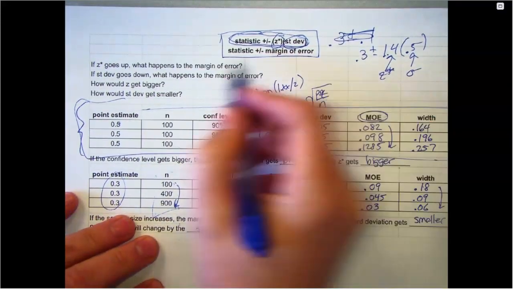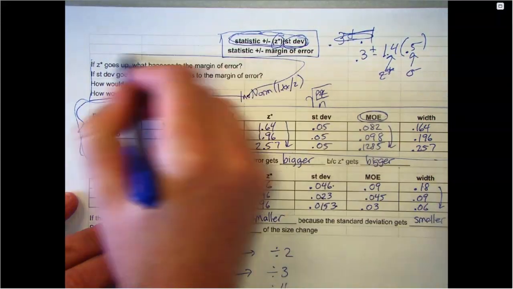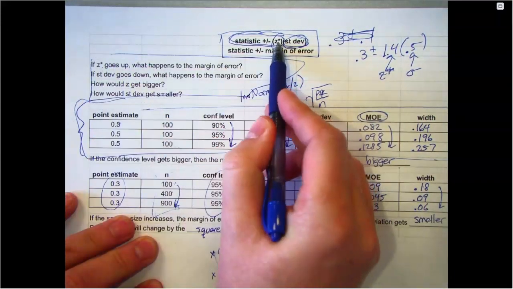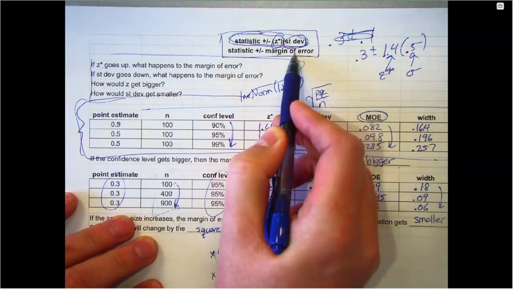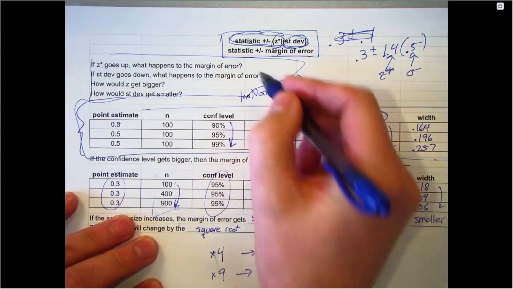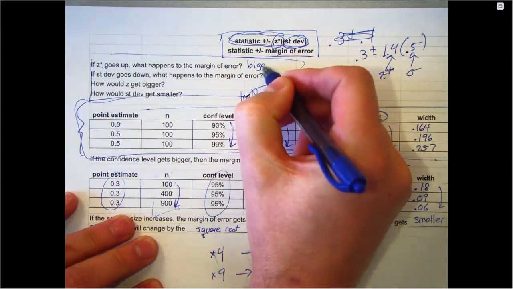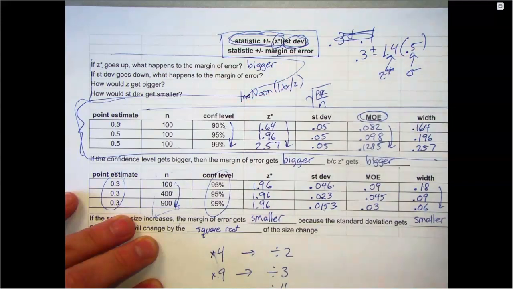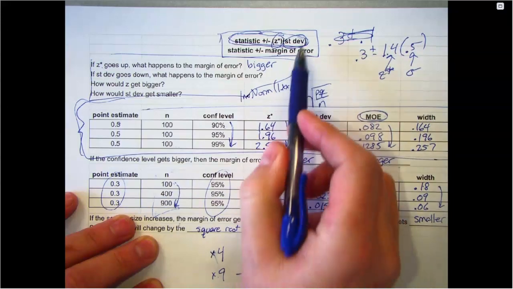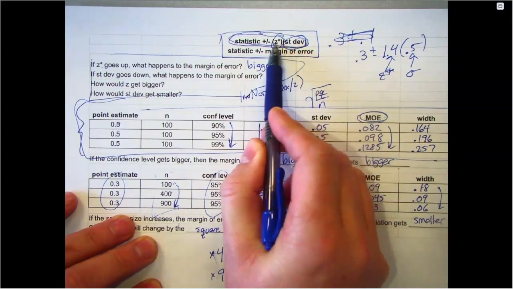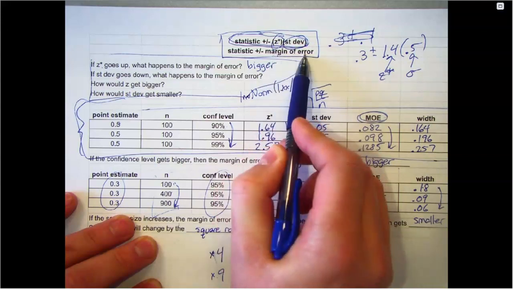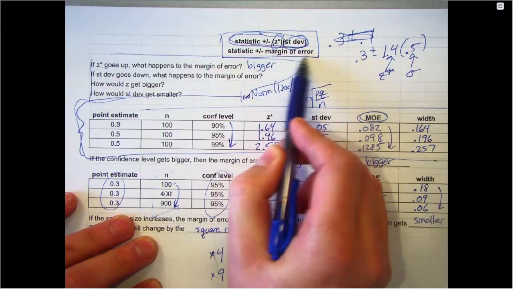And then these questions up here I want to answer too. So if z star goes up, if that number gets bigger, what happens to the margin of error? Which one is increase? This gets bigger also. If the standard deviation goes down, so if this number gets smaller, and you're going to multiply it here, what happens to the margin of error? If that number is smaller, what's this number?